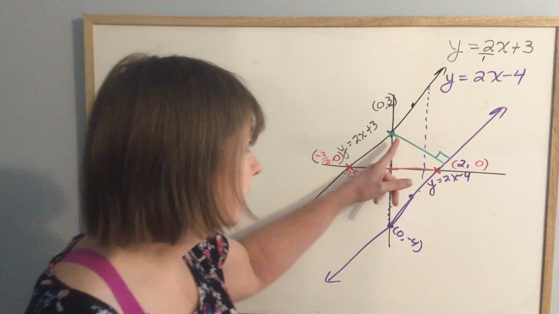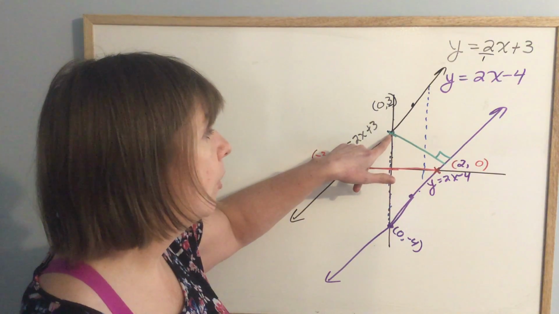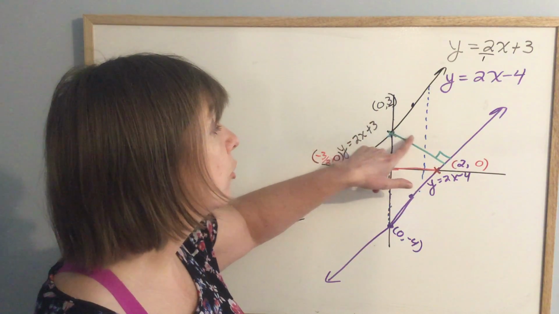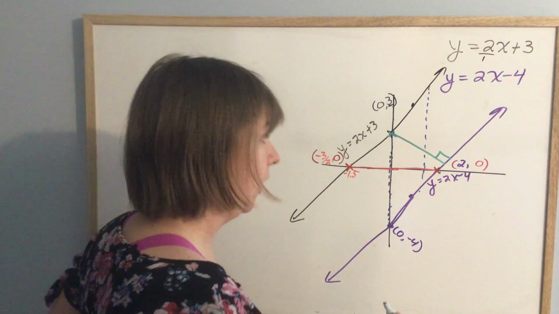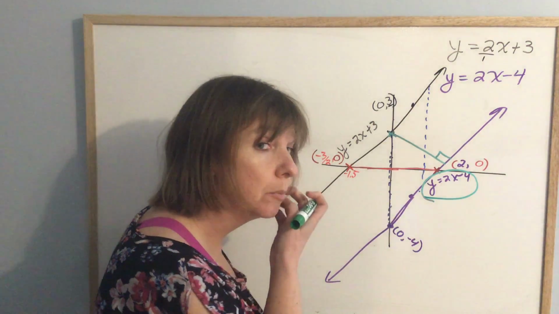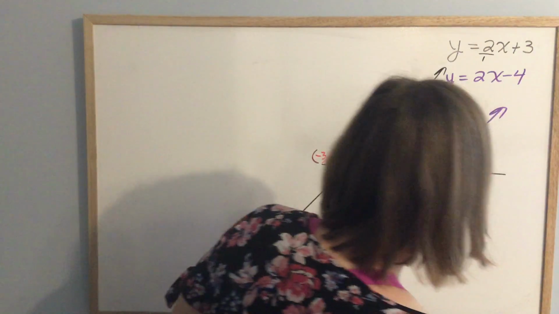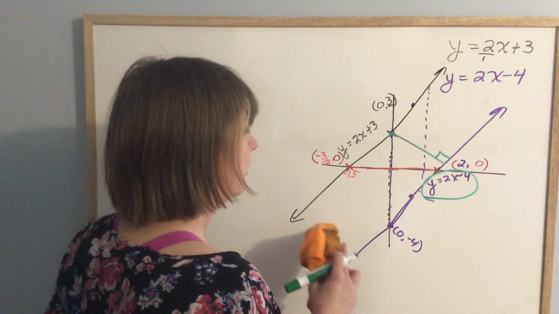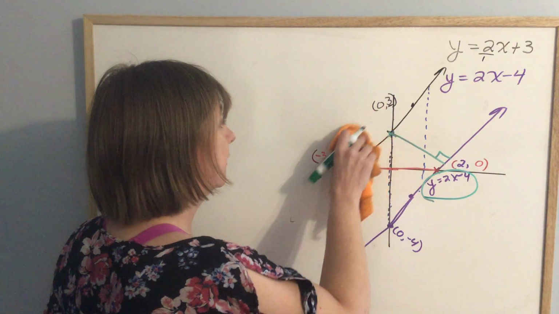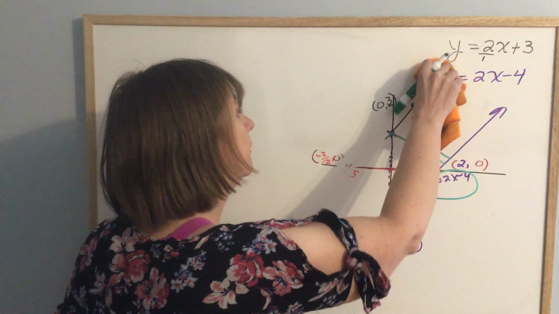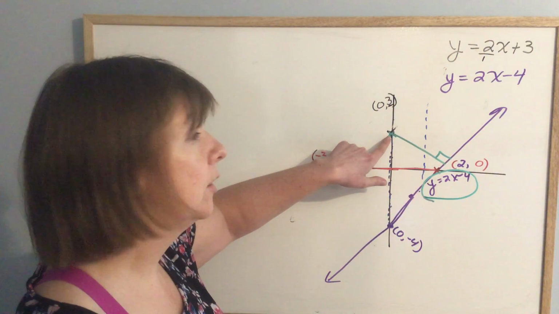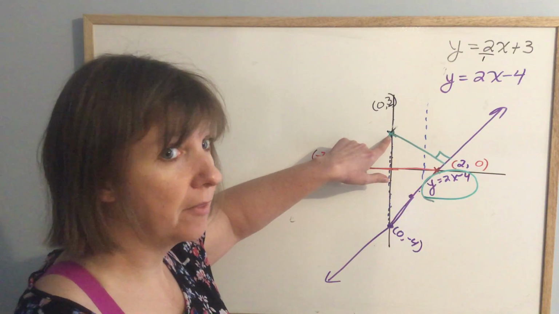Once I pick a point that I'm starting from, 0 to 3, and I'm drawing to the purple line. That's important, that I'm drawing to the purple line. That means that is the equation I'm going to use, and I'm actually going to forget that this is a line at all, and I'm going to treat it as if all I know about this is this point, 0 and 3.